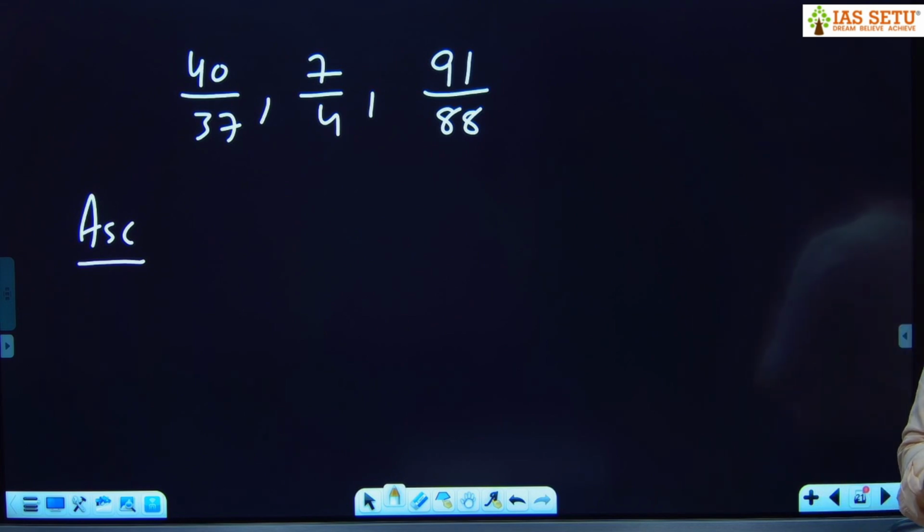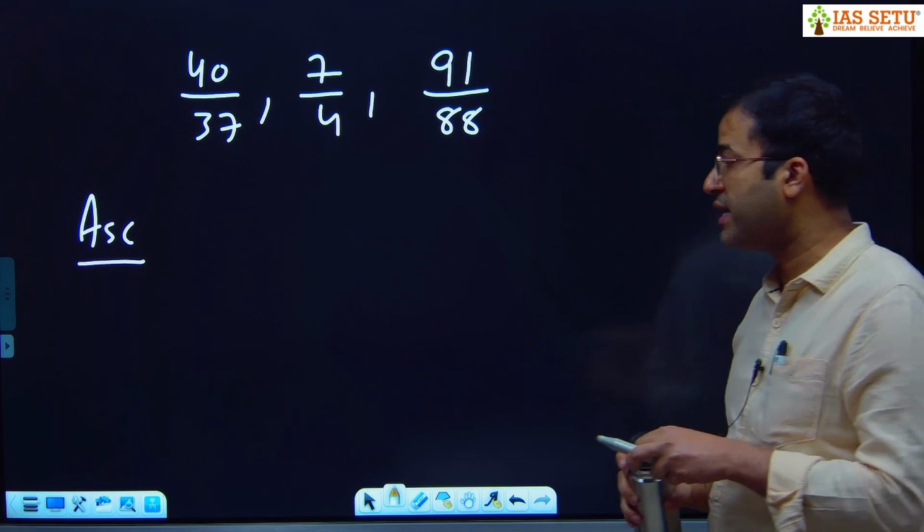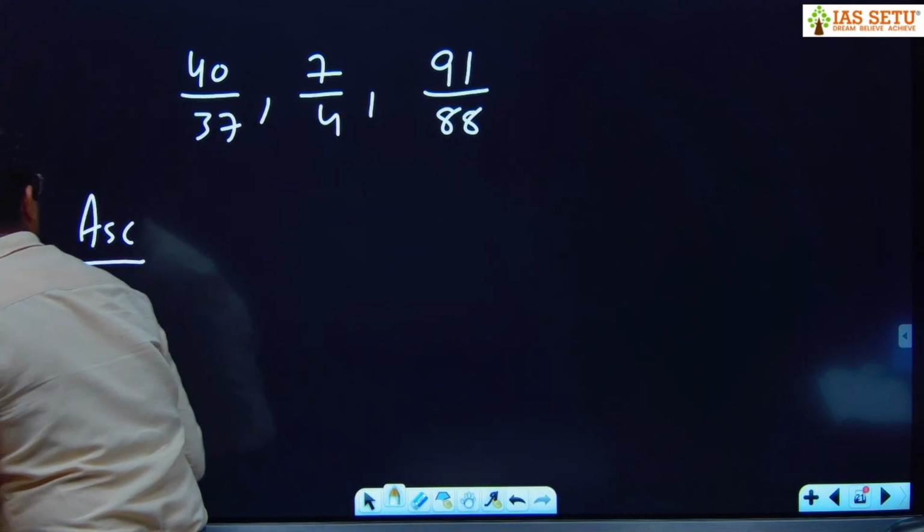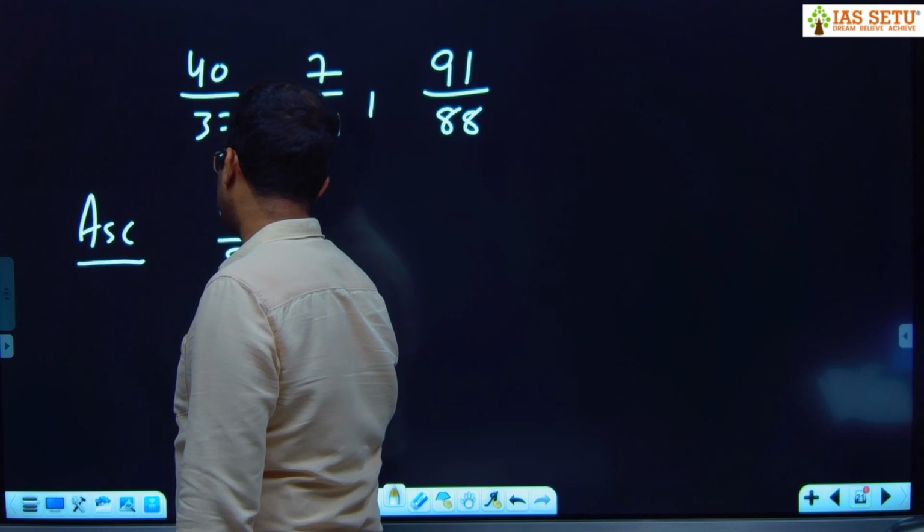Okay, what is the smallest? 91 upon 88. For today this is 91 upon 88.